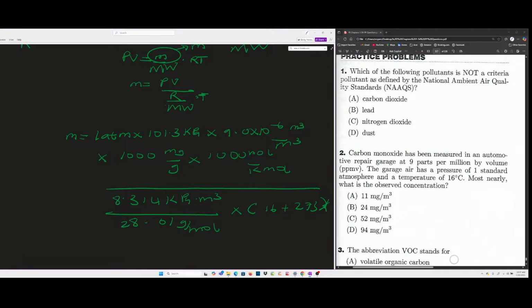I always do dimension consistency. Everything needs to cancel out. That's my goal, because I'm trying to make our concentration in milligrams per meter cube. So that's why I'm converting these grams to milligrams.